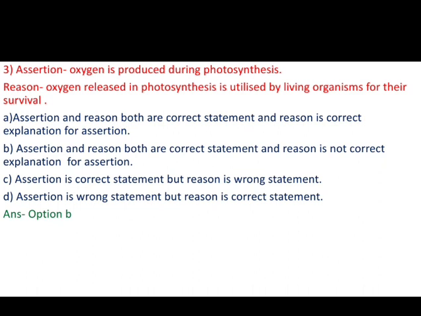Both assertion and reason are correct statements. But for the statement that oxygen is produced during photosynthesis, we have to explain the chemical reaction of photosynthesis: in presence of sunlight and chlorophyll, the carbon dioxide molecules and water molecules are converted to carbohydrate and oxygen. So option B.